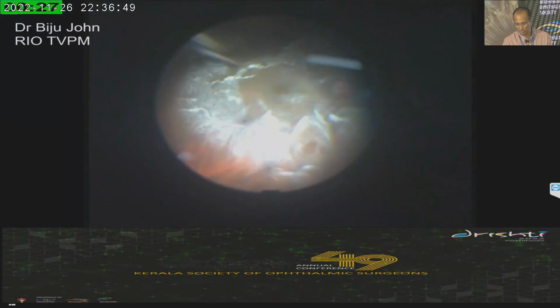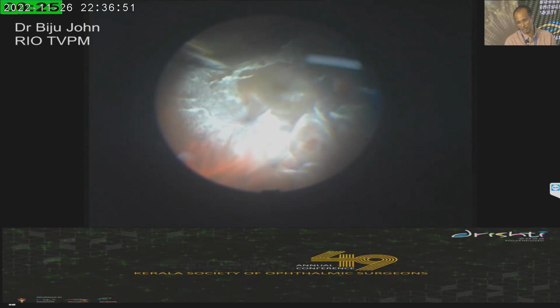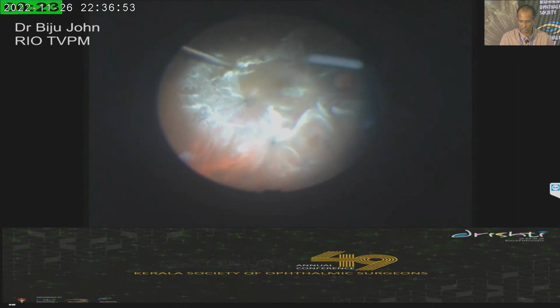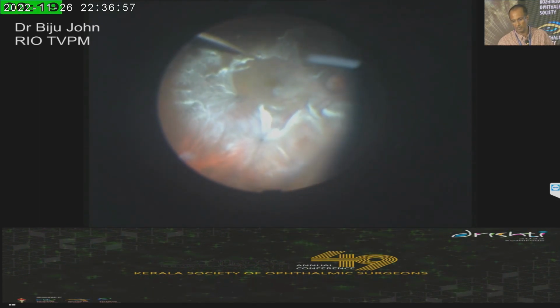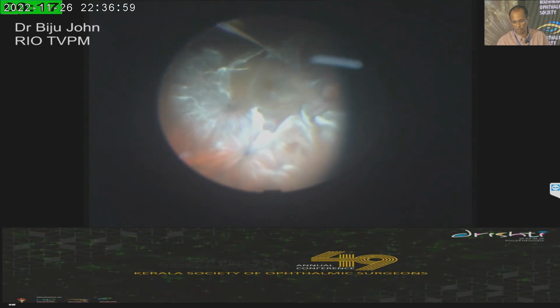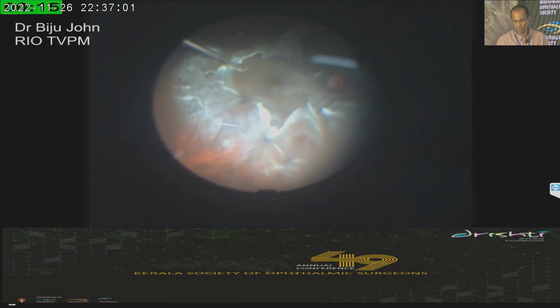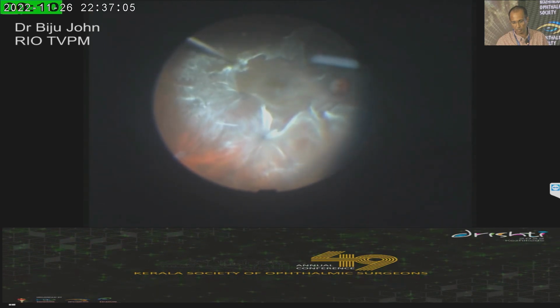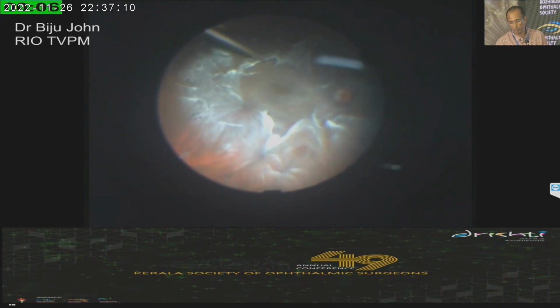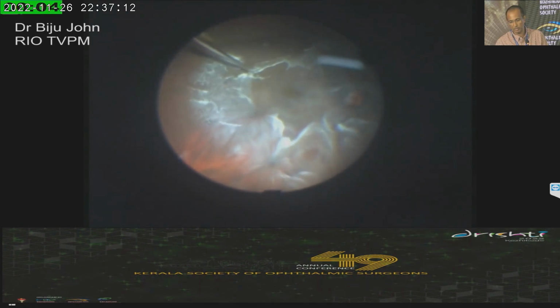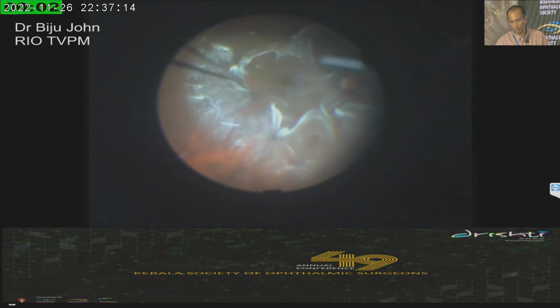Now, some of these cases, especially this was a secondary ERM. I don't remember exactly what it was, because it was done a long time back. But here, as you can see, I was not able to complete even the PVD. The posterior hyaloid is very thick. You can see the triamcinolone crystals still remaining there. So I had to incise the posterior hyaloid with a membrane pick, and after incising, I am trying to peel the hyaloid also.